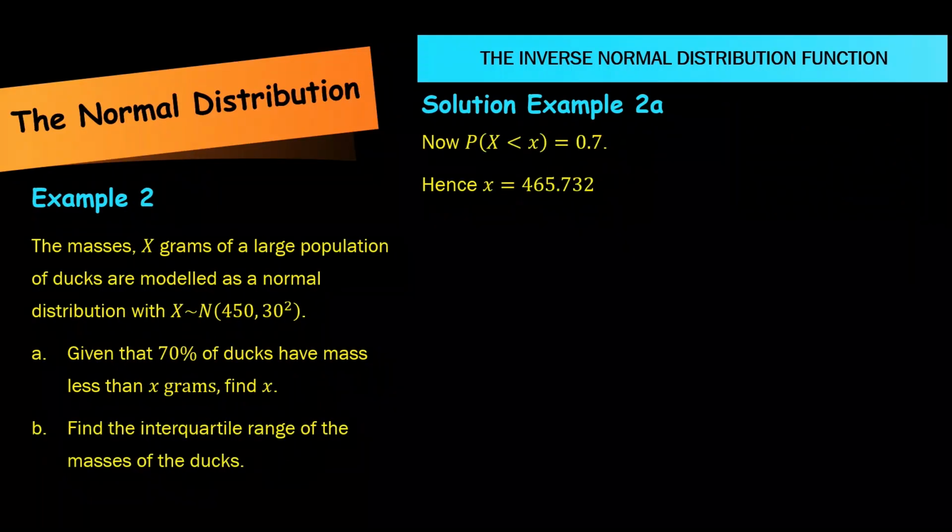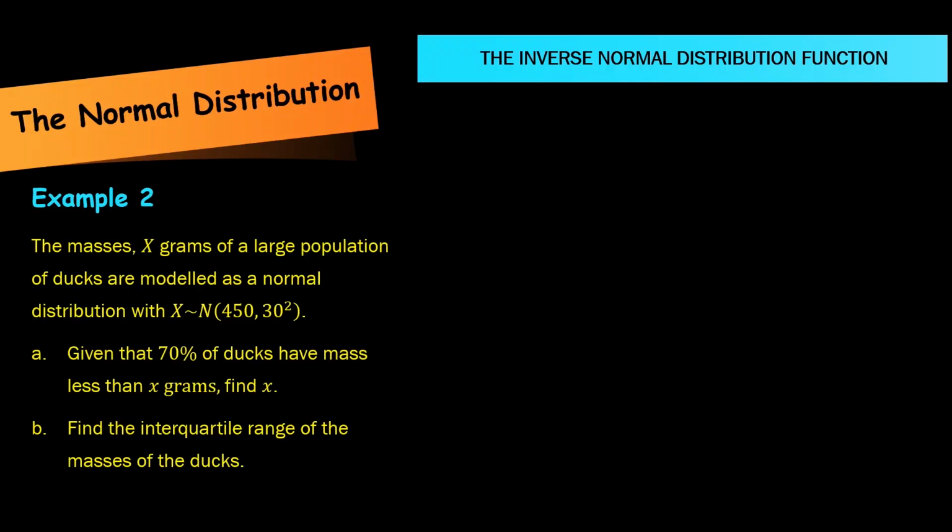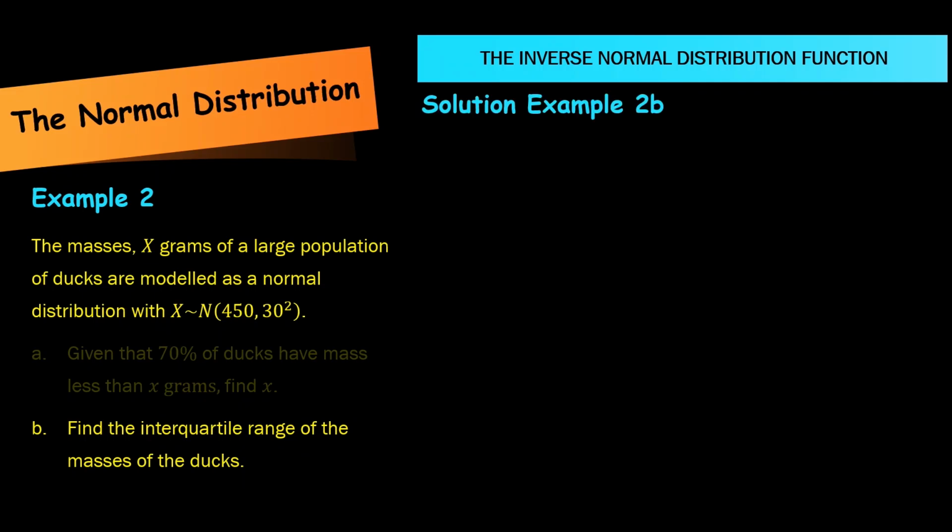Now let's take a look at part B. We are required to find the interquartile range of the masses of the ducks. So let's solve this. We have that x is distributed normally with mean 450 and variance 30 squared. And also we have that the probability that x is less than Q1, the first quartile, equals 0.25.